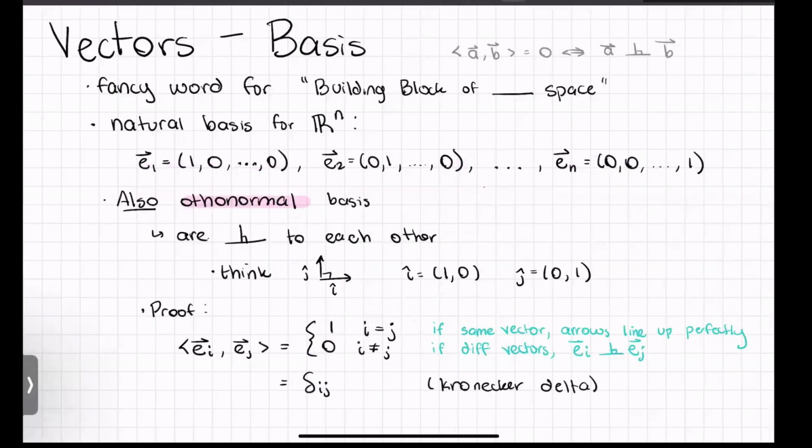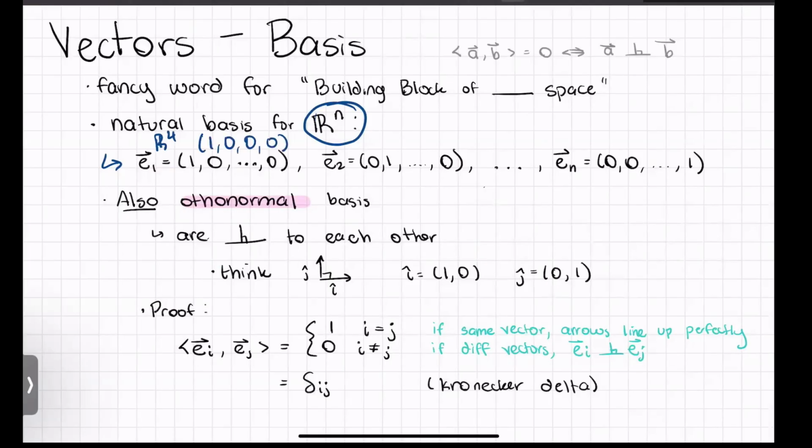Okay, next, let's expand from the 3D space into the nth dimensional space. I'm telling you that the basis for the nth dimensional space just keeps expanding. For example, if it was R4, the first one would be 1, 0, 0, 0.